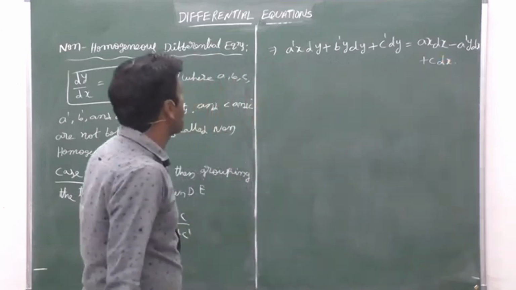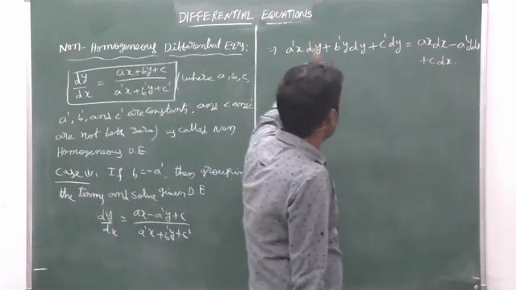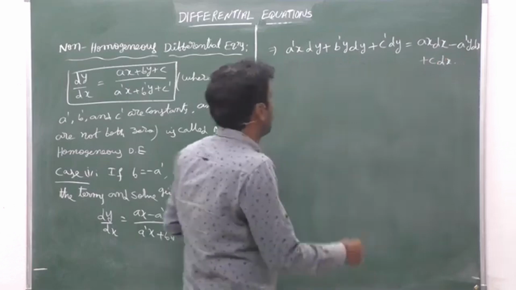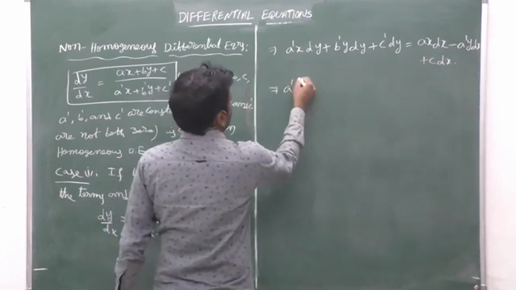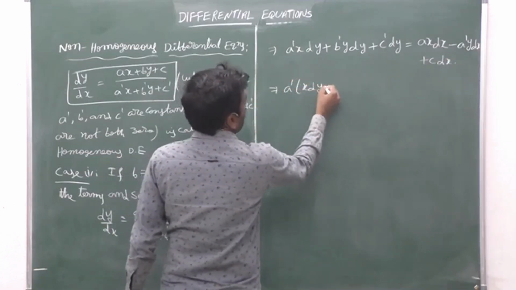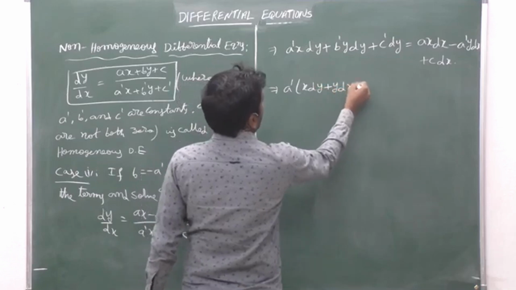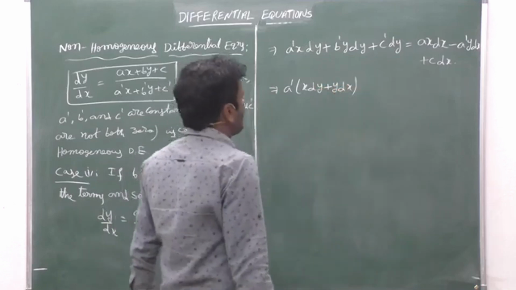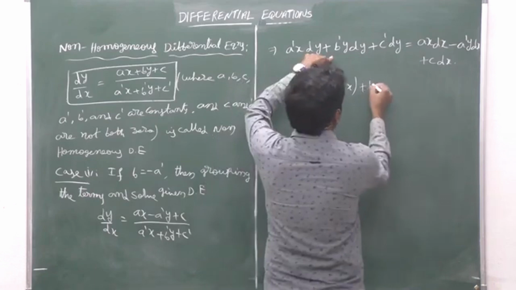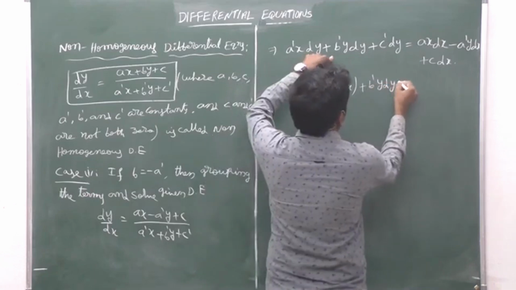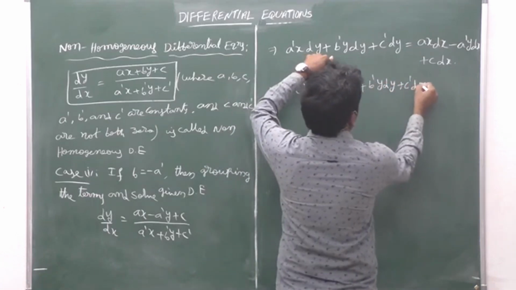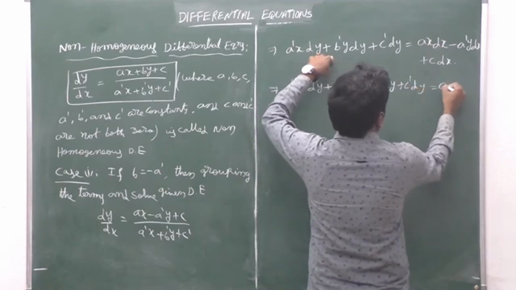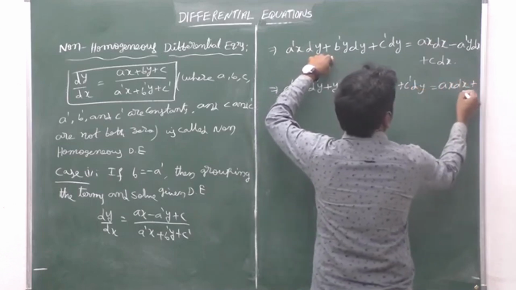Here a dash x dy minus a dash y dx, taking left side we get a dash (x dy plus y dx). Next b dash y dy, c dash dy, ax dx, c dx.